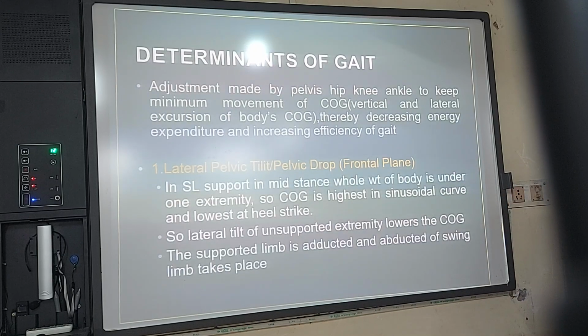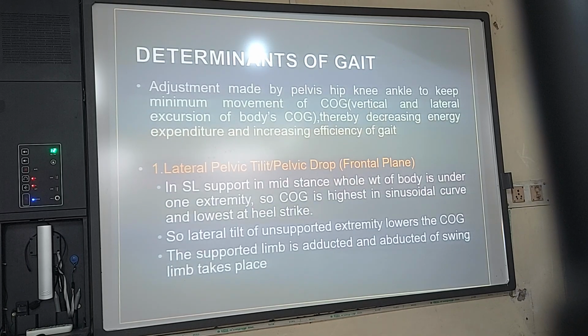Now, what is the first thing which happens? The first thing which happens, when we see it in the frontal plane, is the pelvic drop. Now, you can see for yourself that at mid stance, when we compare it with heel strike, at heel strike the COG was down. Okay? That is, it was low.